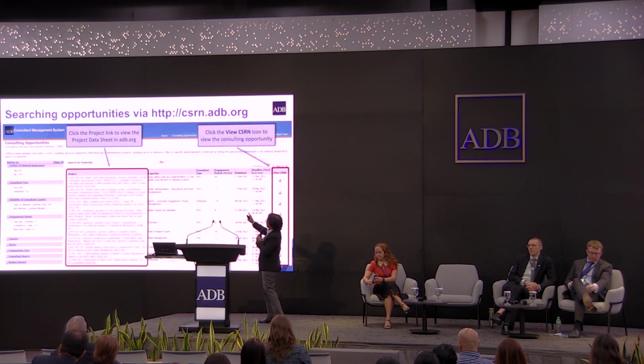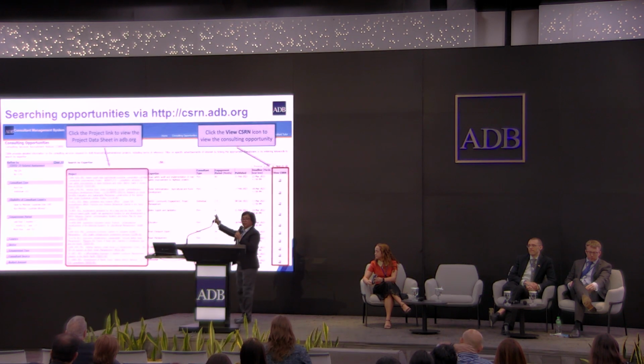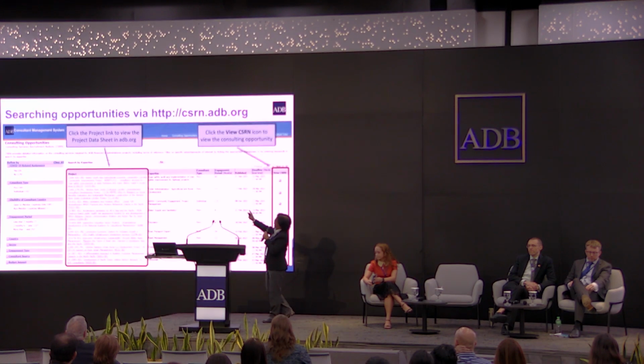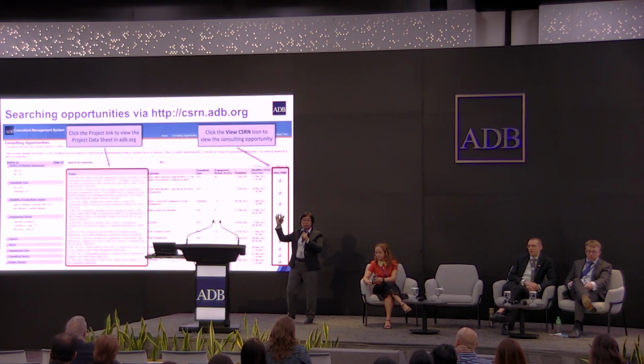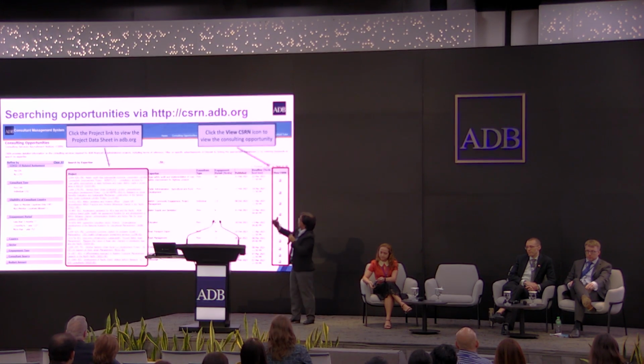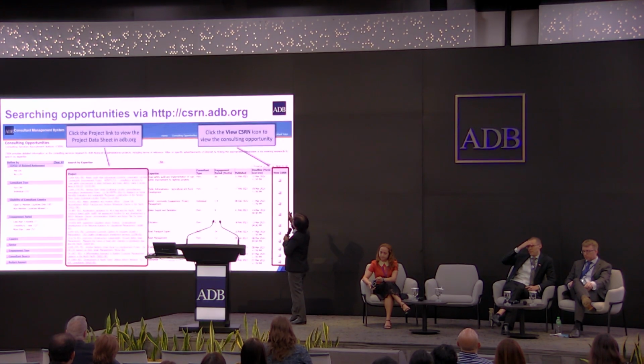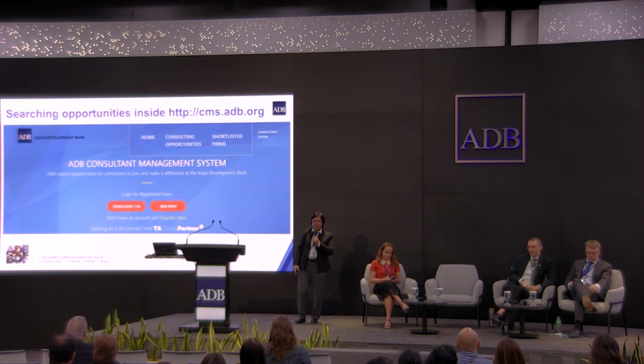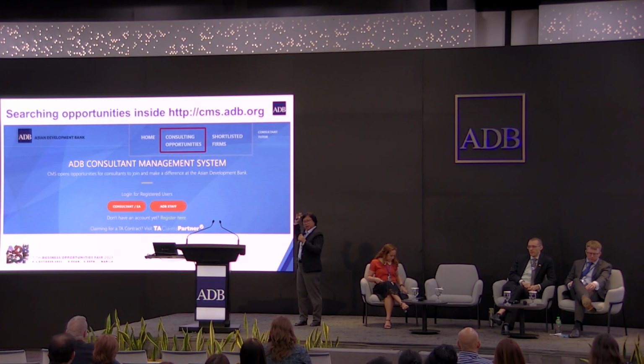Here on the left side, you have your project link. If you click on the project link, you will be led to the project data sheet, which was discussed by Mr. Doczi. And if you are interested in knowing the details of the consulting opportunities, you can click on the View CSRN icon. So that is how you view using csrn.adb.org.